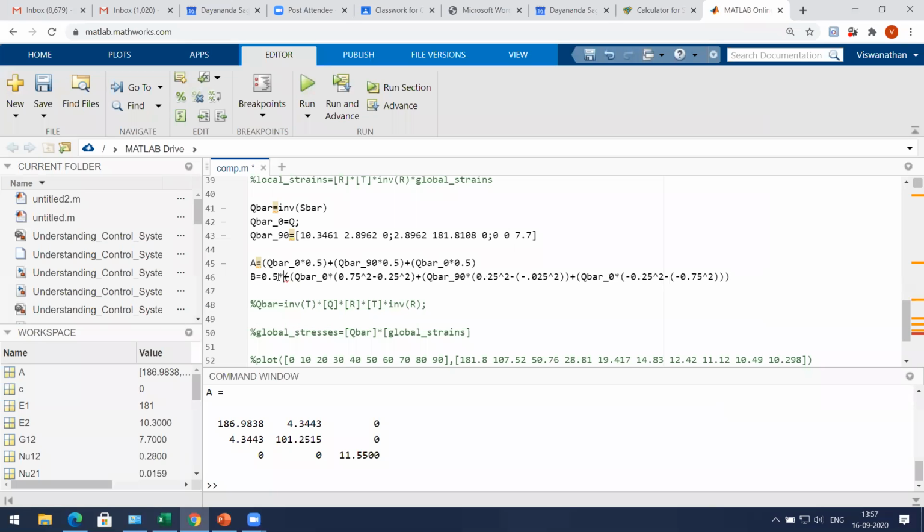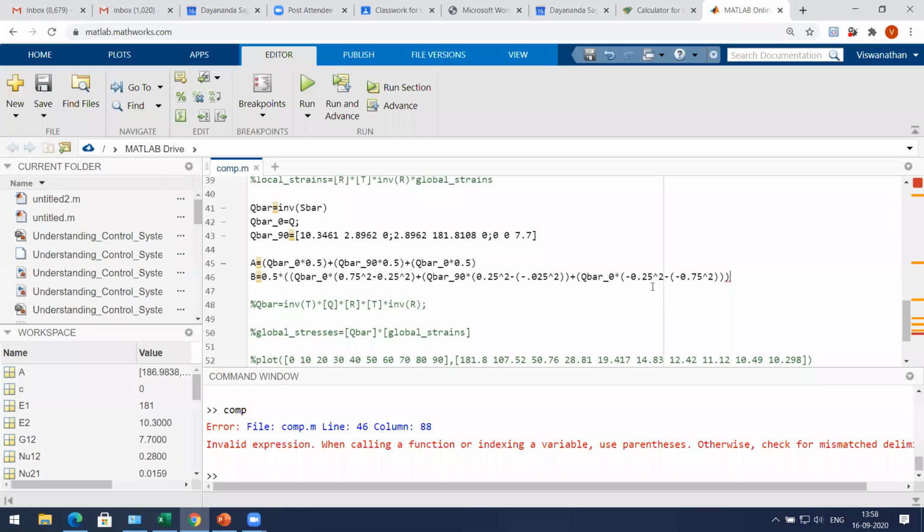So it is 0.5 into... wait, let me check this. How many brackets did I open for this? It is this one.